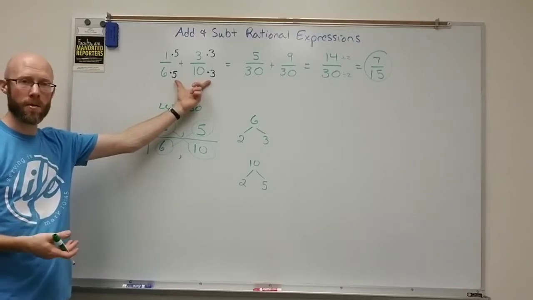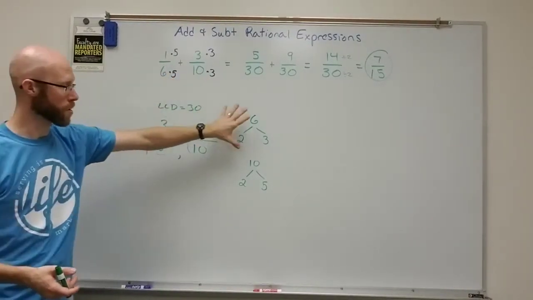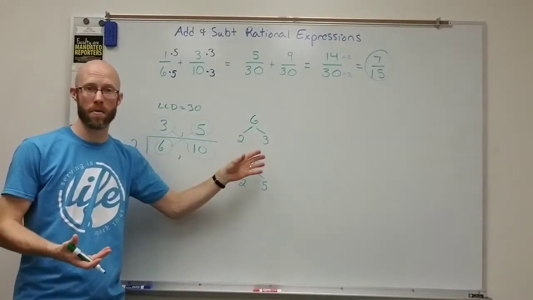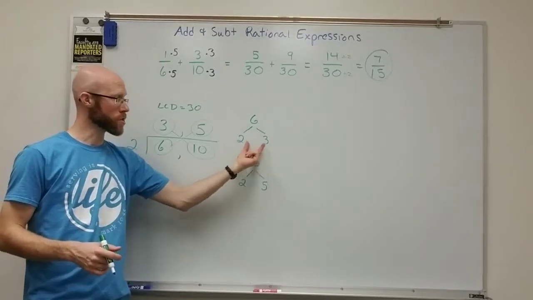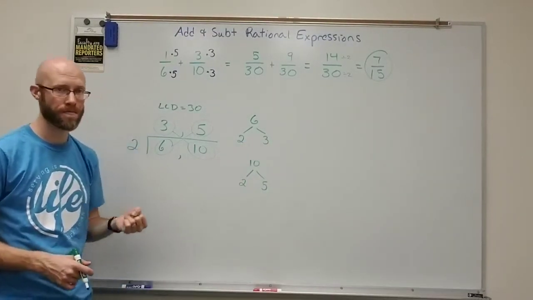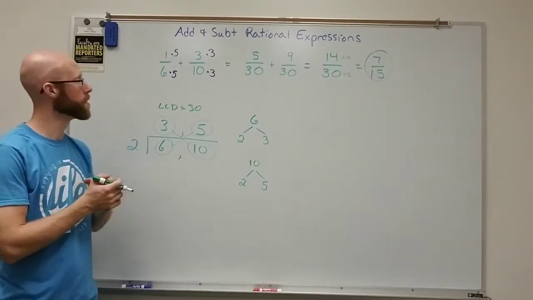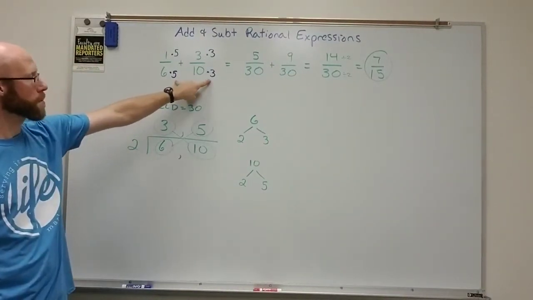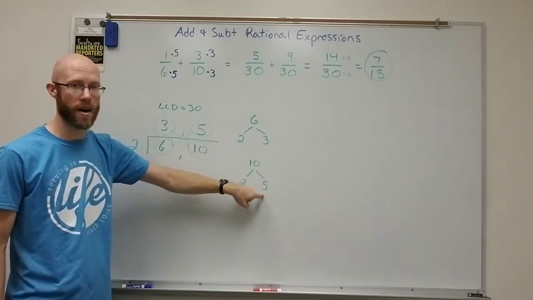Okay, so with numbers, it works out fairly well to get a common denominator, but the idea is you need to find the LCD, which we can do by breaking things apart and factoring them. And when we get into polynomials, we'll be factoring. And then just include every factor, or the largest power of each factor if you have powers on them. Then you multiply by whatever's missing. So the 6 has the 2 and the 3, it's missing the 5.